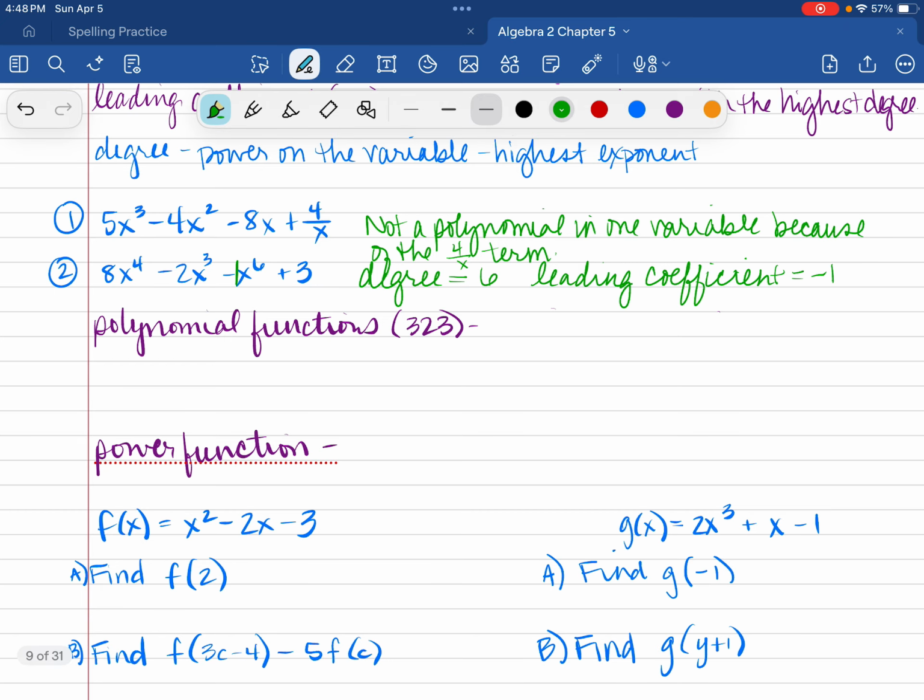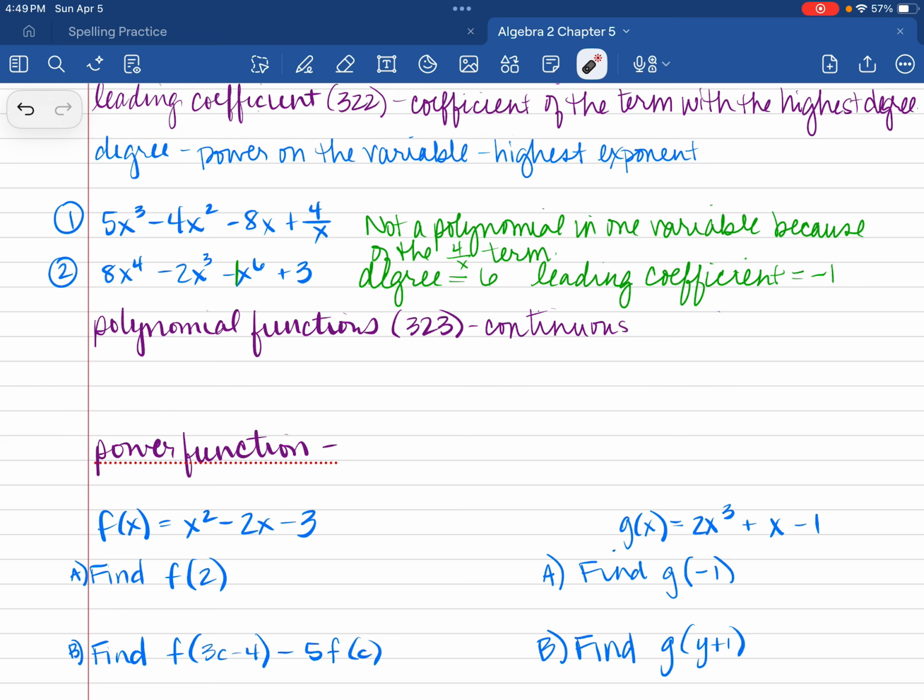Polynomial functions, we're going to get into, like I said, looking at graphs, analyzing graphs. Eventually, you guys are going to be doing graphs, calculating values, filling out tables, all that fun stuff. First, though, we need to be able to evaluate polynomial functions. Our definition for this is that this is a continuous function, which just means that when you draw it, you can graph the whole thing without lifting your pencil.